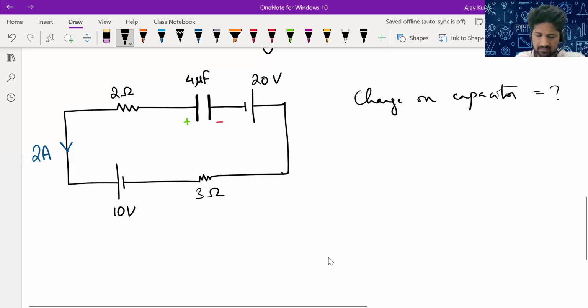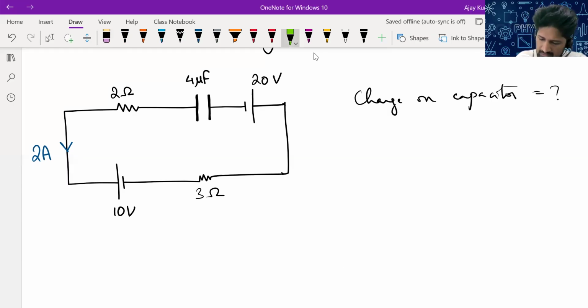Let it be. Even if you didn't know which plate was positively charged, you can find out. Okay, assume whatever you want. Let's assume the right plate to be positive having a charge plus Q, left plate to be negative having a charge minus Q. Let us consider it like this.